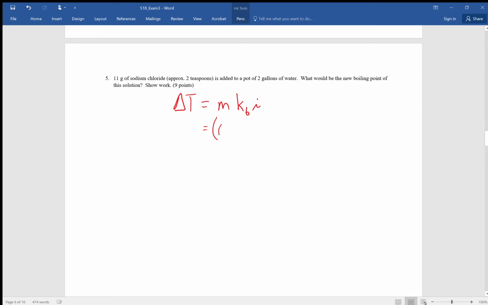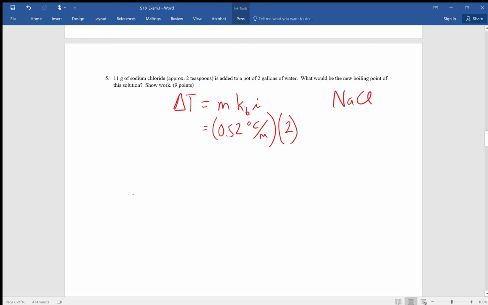Again, we can find that on the front of the exam, 0.52 degrees Celsius per molal. And i for sodium chloride. Sodium chloride is an ionic compound. When it dissolves in water, it's going to dissociate into 2 particles. So our i value here is 2.